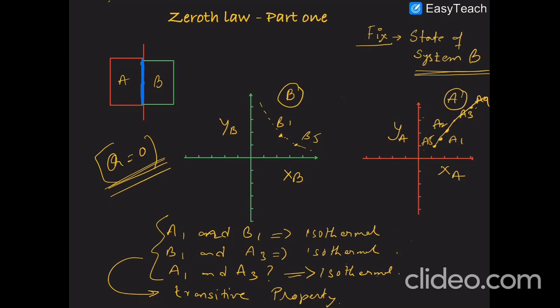Now we appreciate that B1 and B3 are also isothermal. Now we were interested to know what about A1 and A3, that is within this locus. From the transitive property, it is also isothermal.